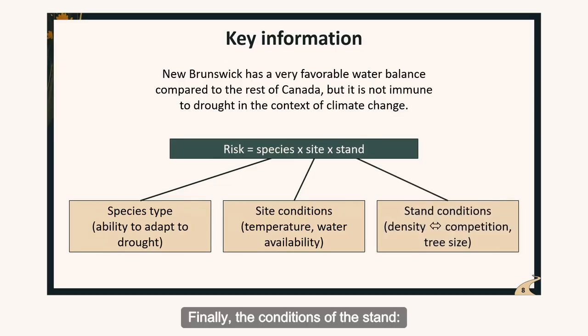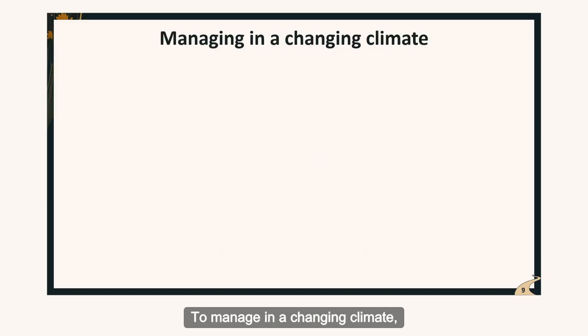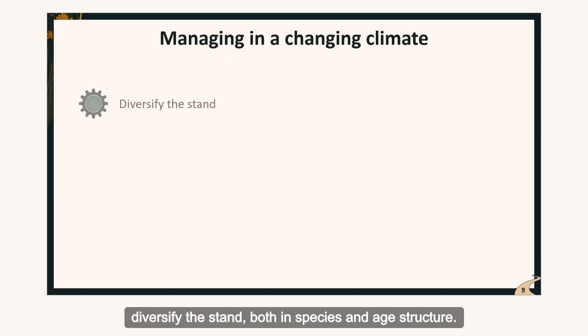And finally, the conditions of the stand. A dense stand means more competition for water. The size of the trees also matters, as larger trees need more water. To manage in a changing climate, diversify the stand, both in species and age structure.